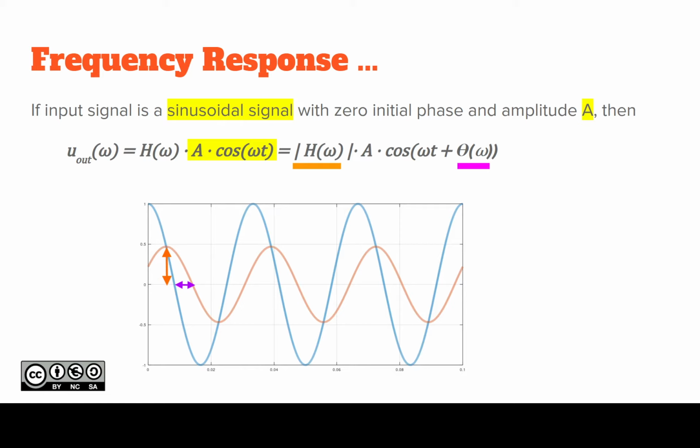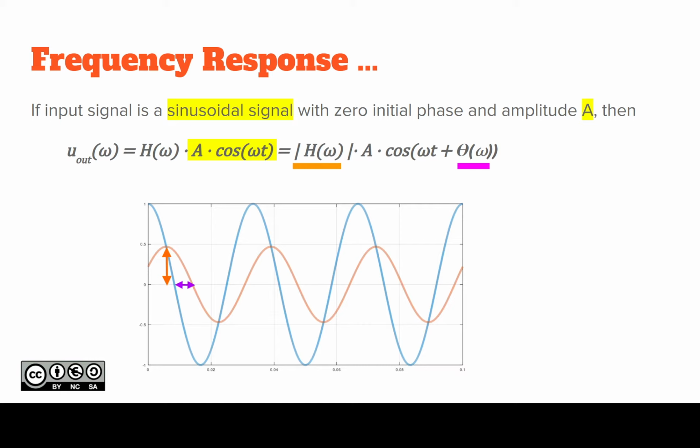Okay, for sinusoidal signals. So this actually is for sinusoidal signals, periodic signals. Here I have a zero initial phase and amplitude A, and I used cosine just because it looks nicer on this picture. So there I have the output.